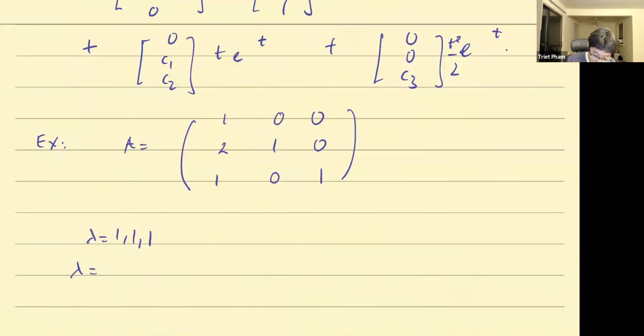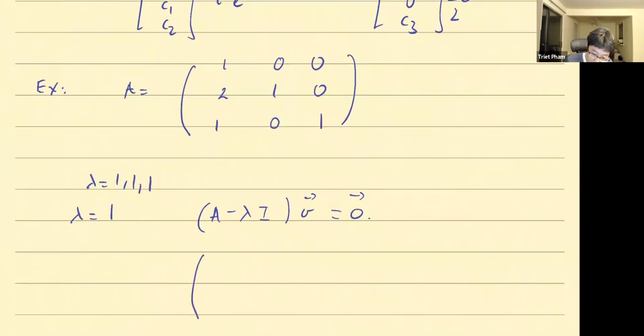When lambda equals 1, let's look at A minus lambda I times v equal to 0. So what do I get? 0, 0, 0, 2, 0, 0, 1, 0, 0.